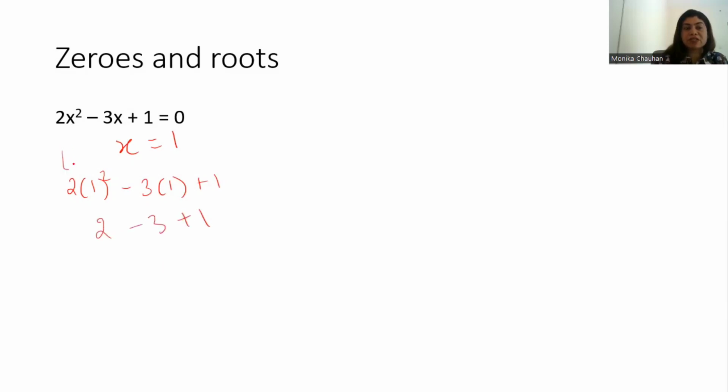I'm taking the left hand side, so you can write that before and specify what you are taking. 2 minus 3 is minus 1, plus 1 is 0. And this is equal to the right hand side, your 0. So understand, this 1 is the zero of the polynomial.